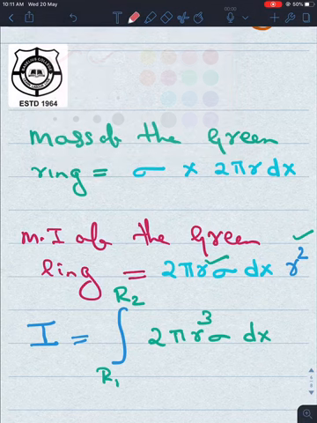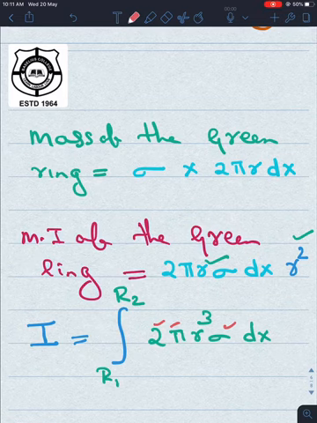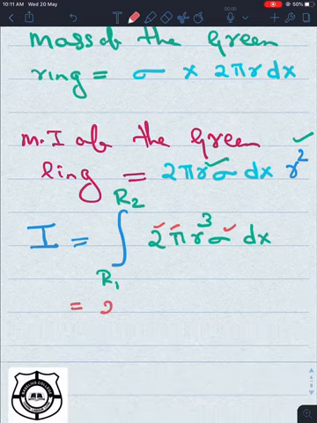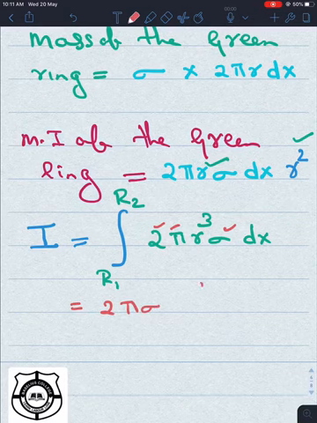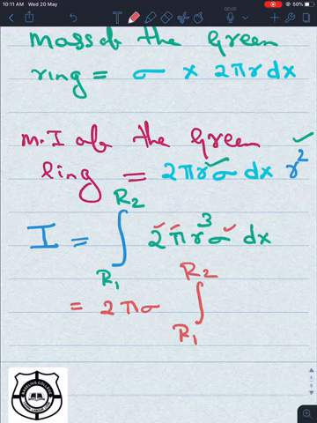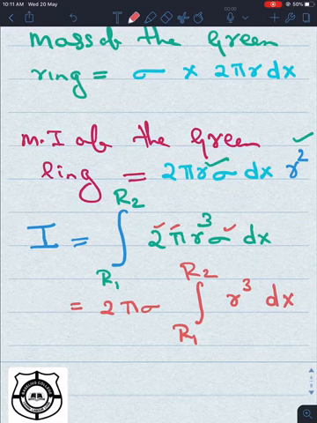We know that 2 pi and sigma are all constants. So I can write this as 2 pi sigma times the integral from R1 to R2 of r cube dx.